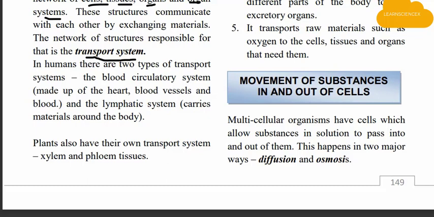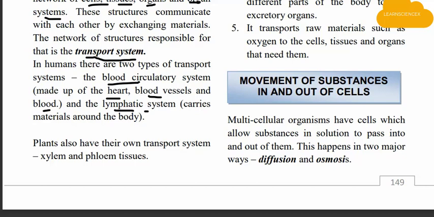Now, in humans, there are two types of transport system. The blood circulatory system, which is BCS, is made up of the heart, blood vessels, and blood, and the lymphatic system, which carries materials around the body.